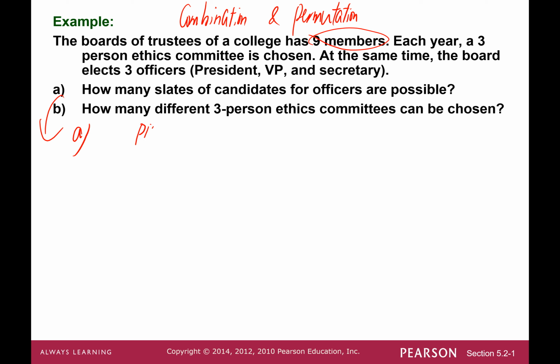So pick 3 officers from 9 members. And here each one of them gets a different title, so the order matters.